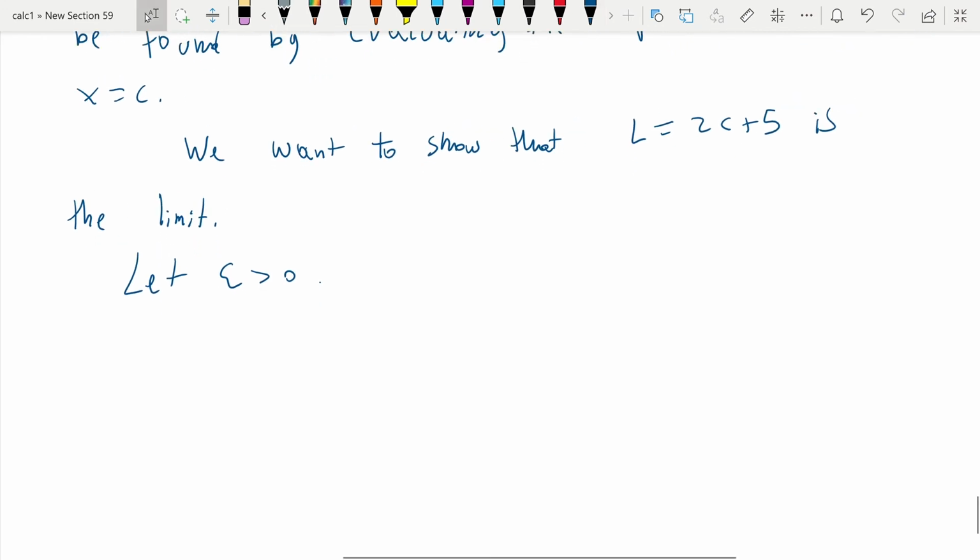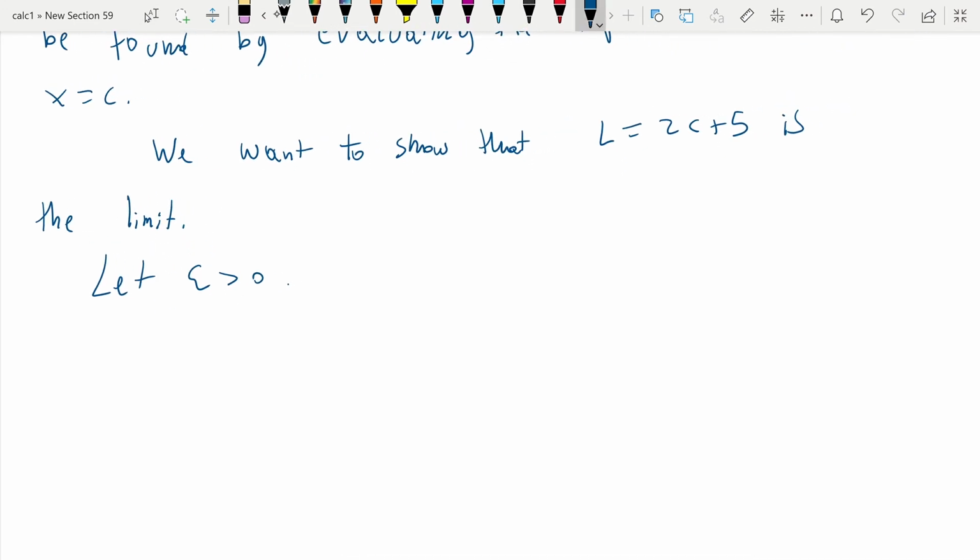Let's write what f of x is. So we compute, let's simplify this expression.